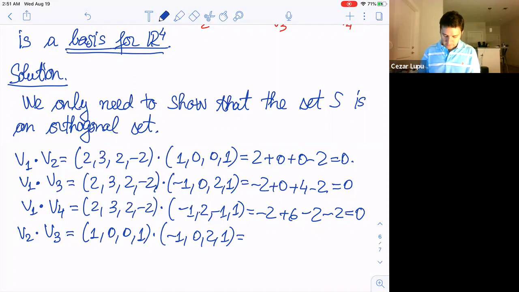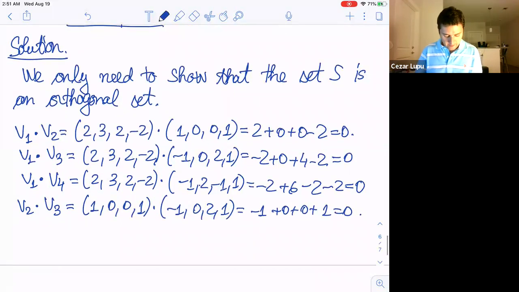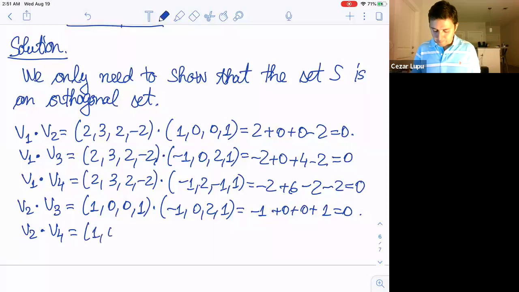This gives negative 1 plus 0 plus 0 plus 1, which is 0. Now v2 dot v4, which is (1, 0, 0, 1) dot (-1, 2, -1, 1).